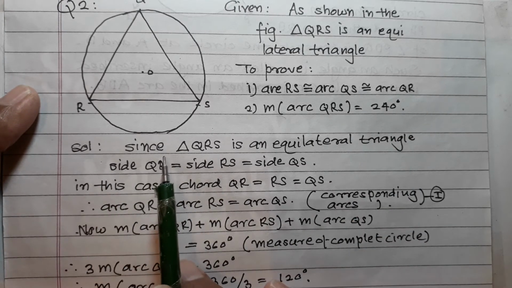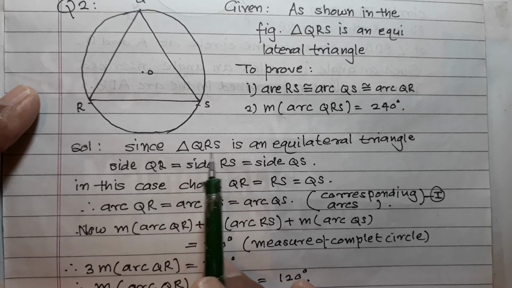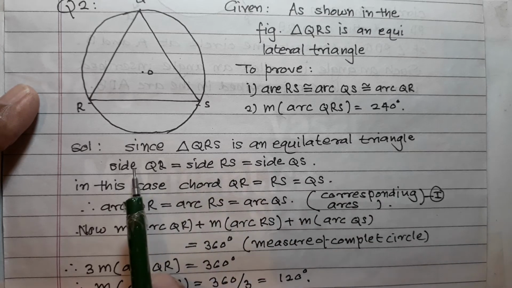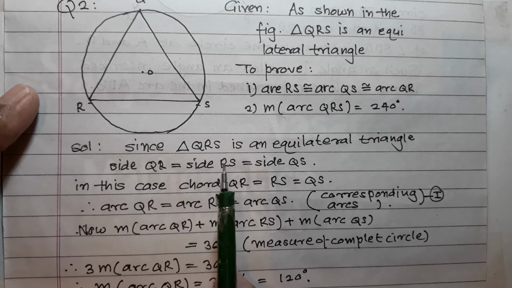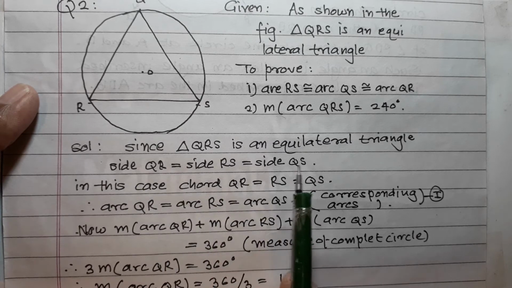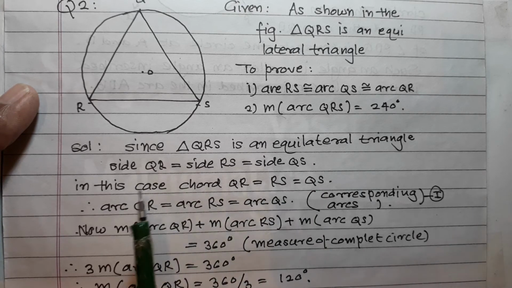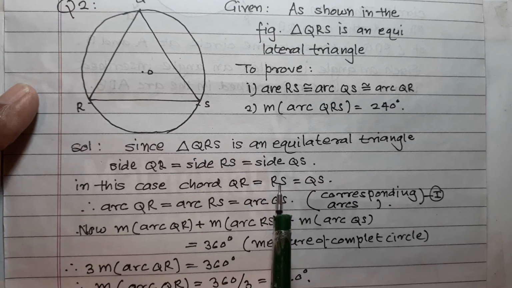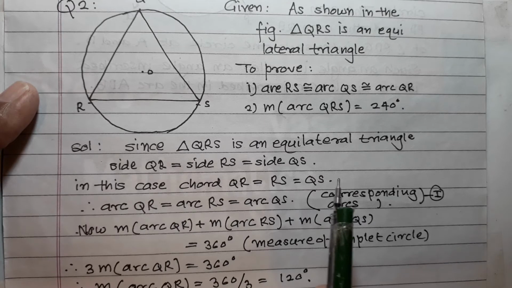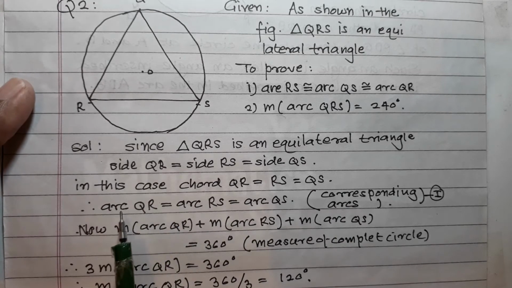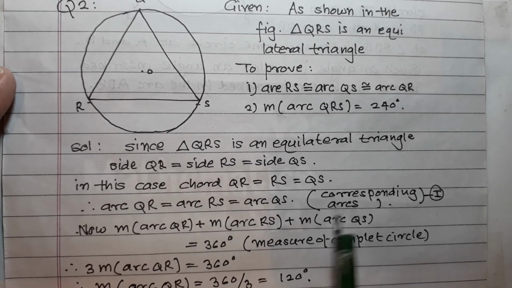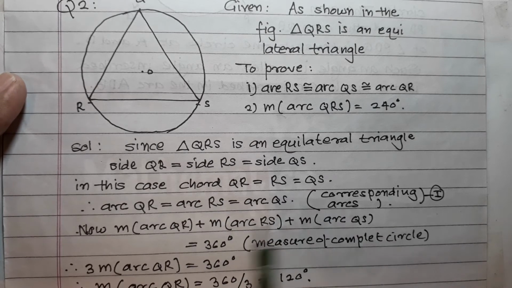Solution: since triangle QRS is an equilateral triangle, side QR is equal to side RS is equal to side QS. In the circle, chord QR is equal to chord RS is equal to chord QS, and therefore arc QR is equal to arc RS is equal to arc QS, the corresponding arcs.